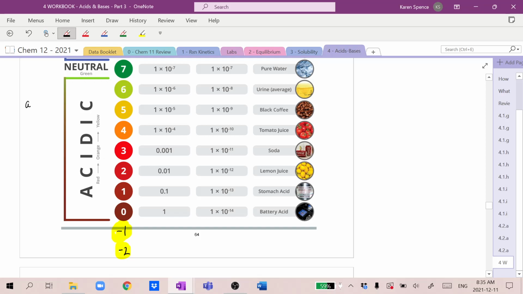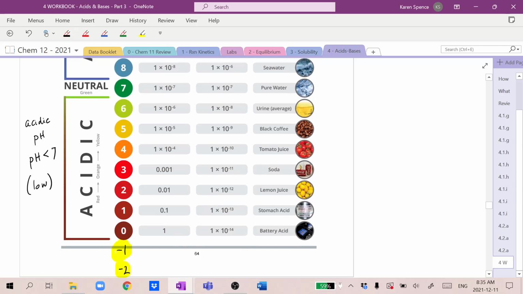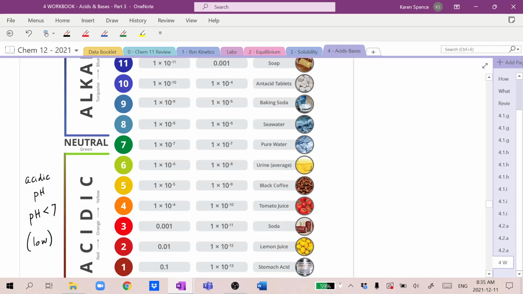So an acidic pH is going to be any pH that is less than 7. In other words, a low pH is acidic. In the middle, where we have pure water, that's going to be a neutral pH. So pH 7 is neutral.